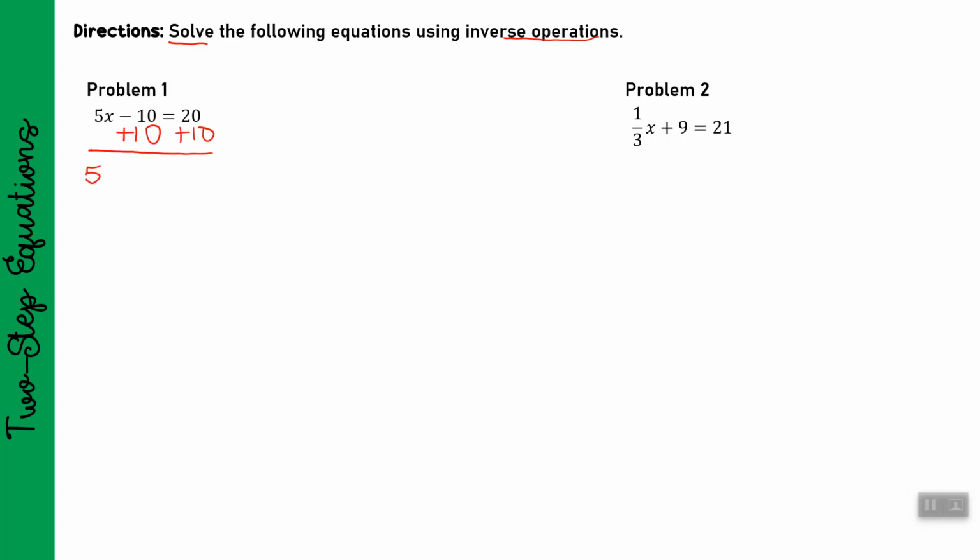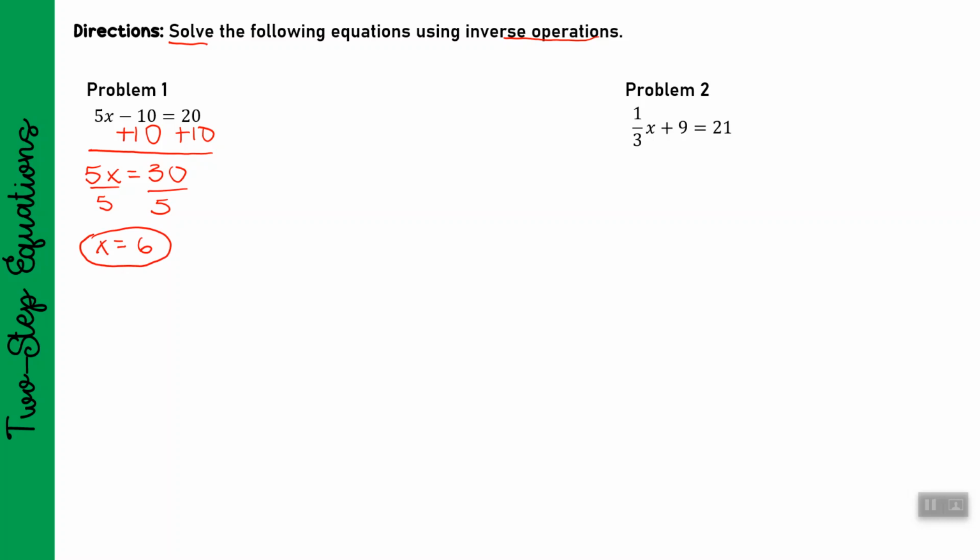So I'm left with 5x equals 20 plus 10, which gets me 30. Divide both sides by 5 because these are being multiplied. Remember, a coefficient is being multiplied by the variable, so the inverse of multiplying is to divide. 30 divided by 5, I get 6. So that is the solution to my problem. X is equal to 6.